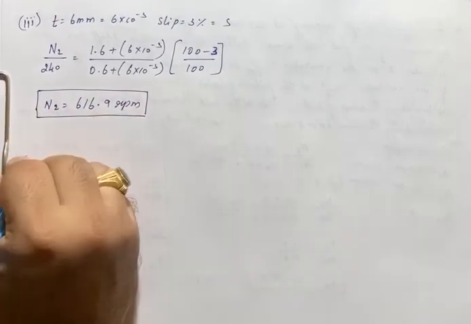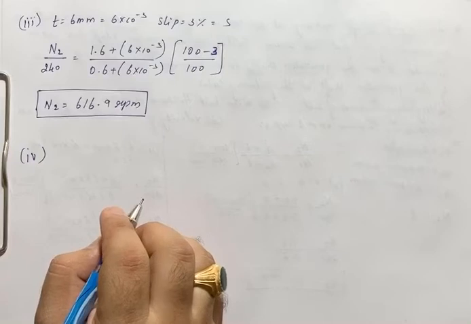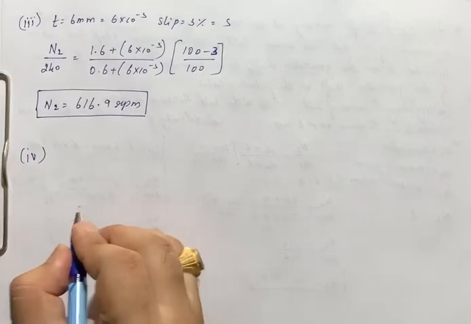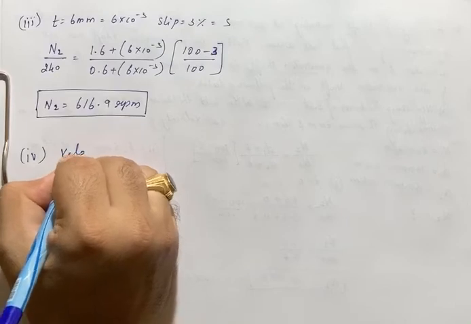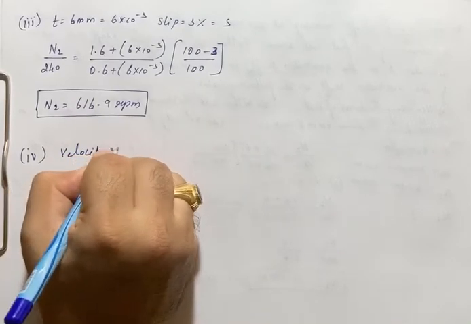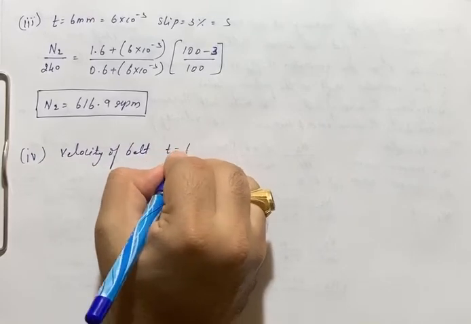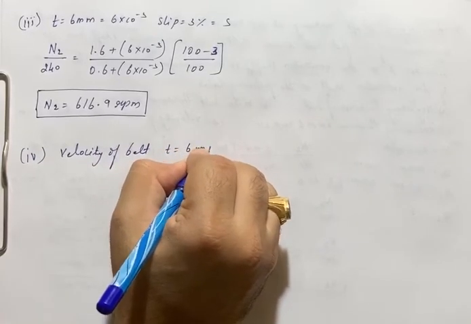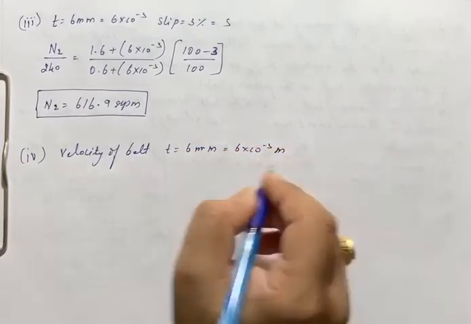At the end, the last one, he has asked to find out the speed, that is the velocity of the belt, when thickness T is equal to 6 mm, that is 6 into 10 raised to minus 3 meter.